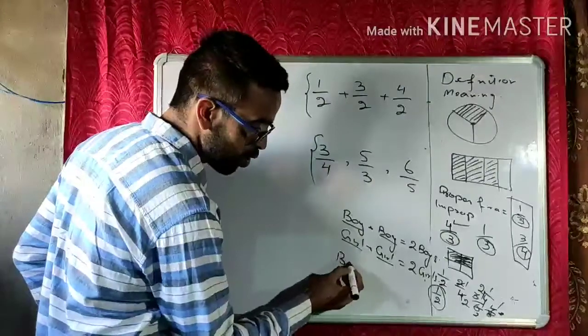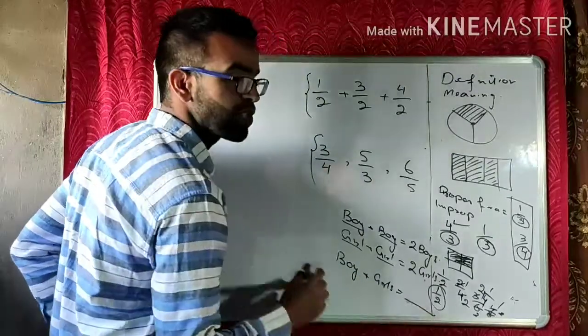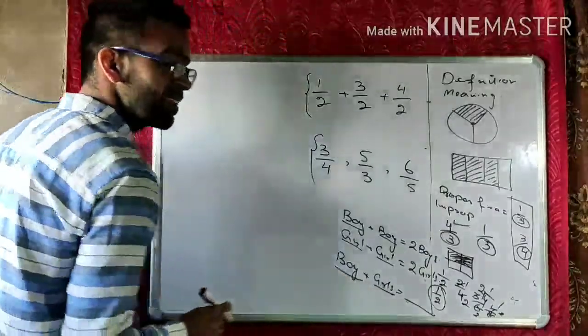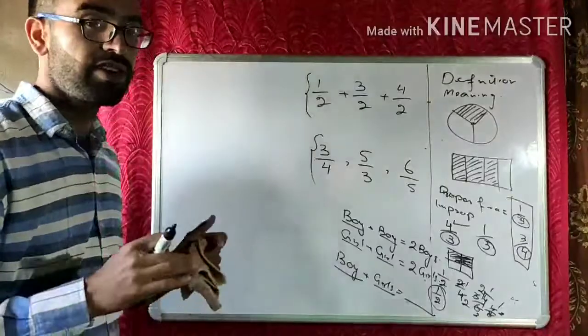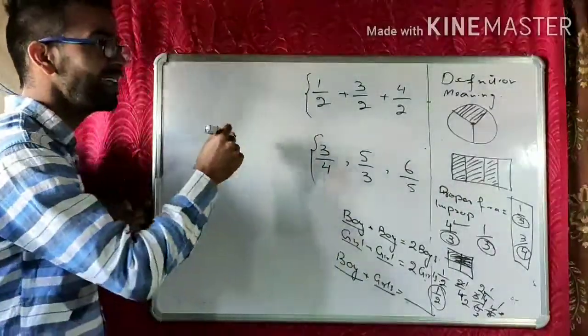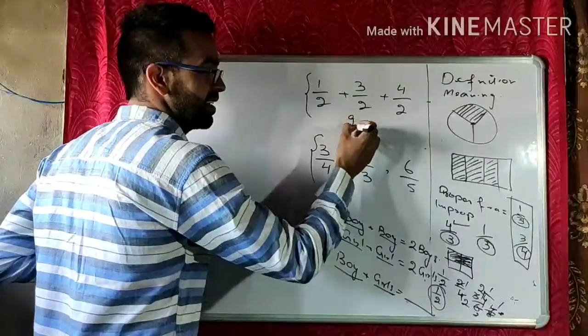If we add boy plus girl, this never becomes two boys or two girls. These cannot be added because they are not alike. So this is the same process: only like terms, like fractions, get added.